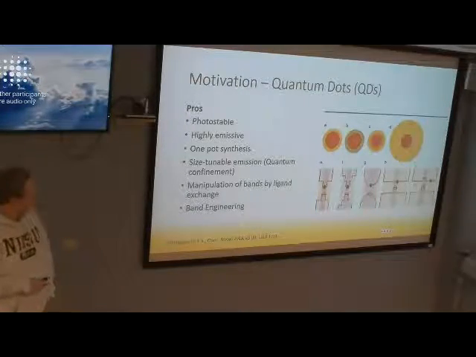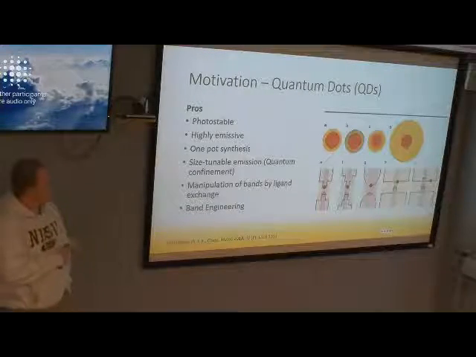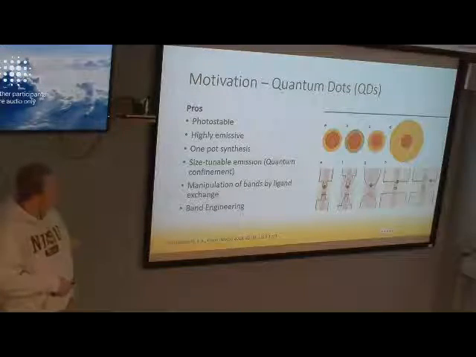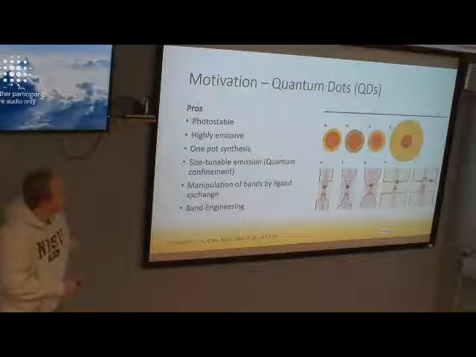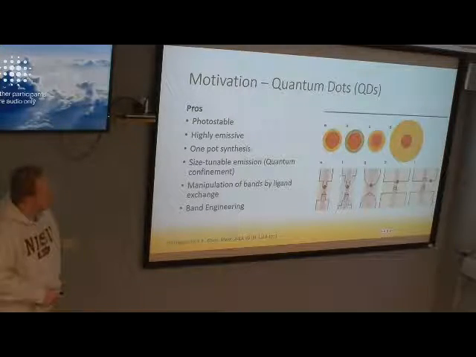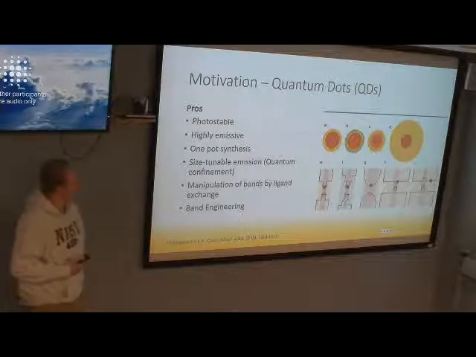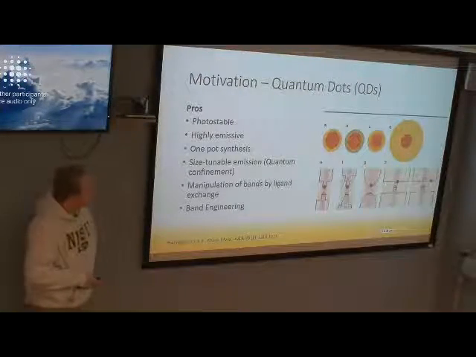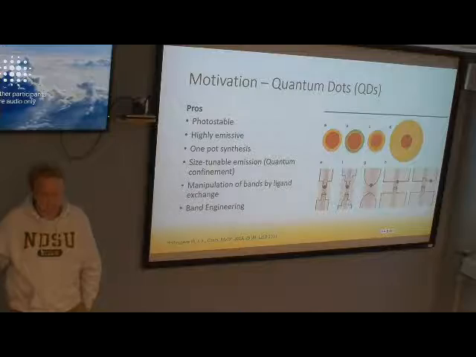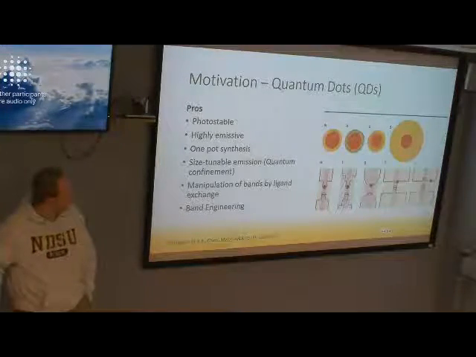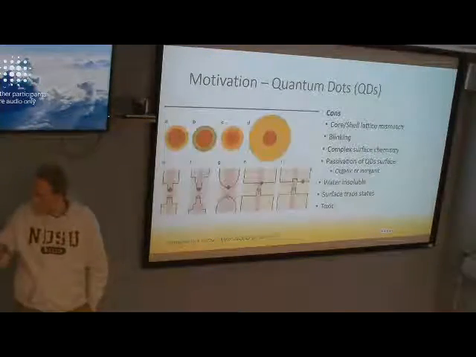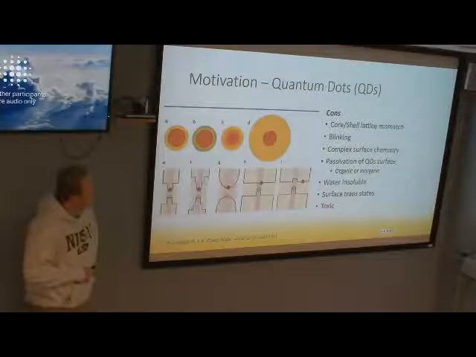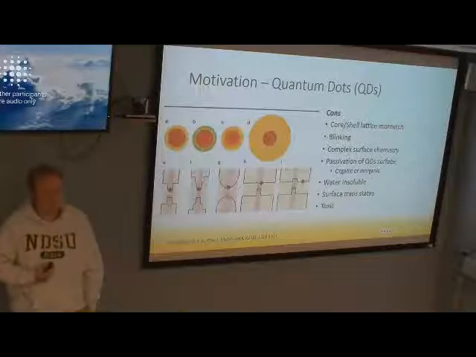In the research that this is related to, we're going to be working with someone who has developed a whole bunch of quantum dots with a lot of different band structures. And this is very important to reduce the cons. If we look at the cons for these quantum dots, if you have core shell structures, you can have lattice mismatch.